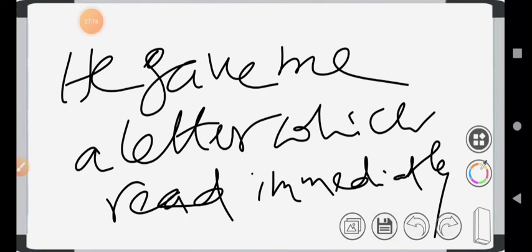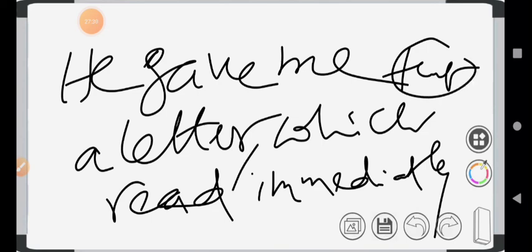He gave me a letter, which I read immediately. It is a non-defining relative clause, where we cannot use that. If you use that, it is a defining relative clause. That means we put the commas. In between the non-defining relative clause and the remaining sentence, we put the comma.